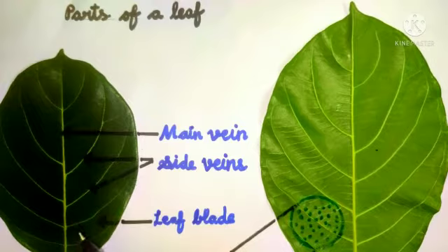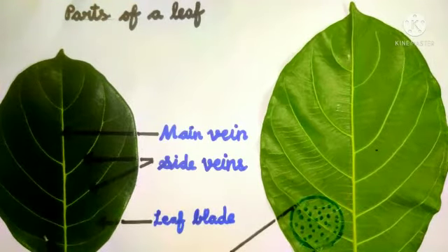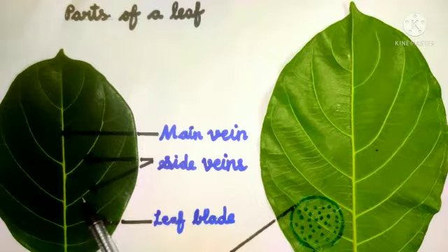So each leaf usually has one main vein and many side veins. Okay. Now what is the function of this vein? Veins help in the transportation of substances like water, minerals and prepared food to and from the leaf.